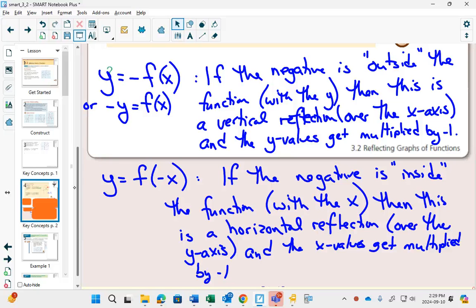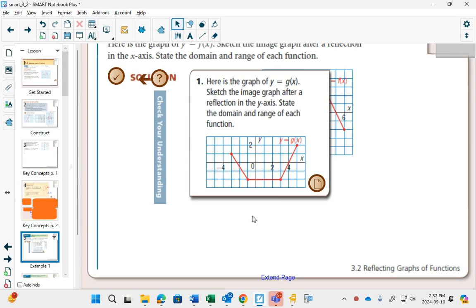Algebraically, we would multiply the x coordinate by a -1. What this means.